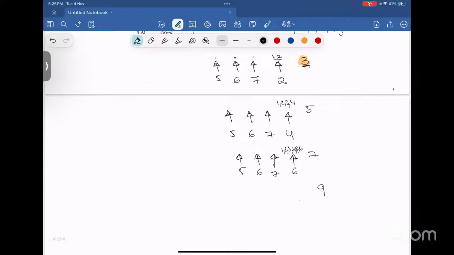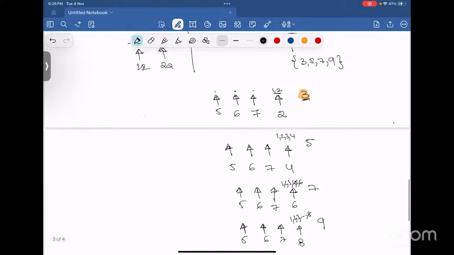Similarly, if the last digit is 9, I can take any digit other than 9. So that means there will be 8 possibilities. Again, 7, 6, 5.